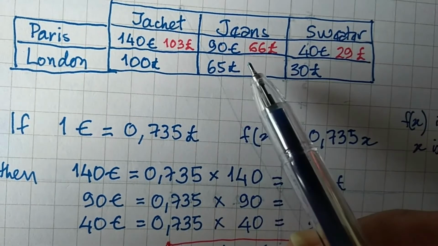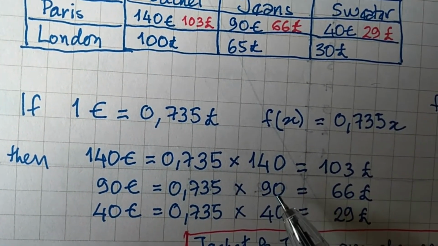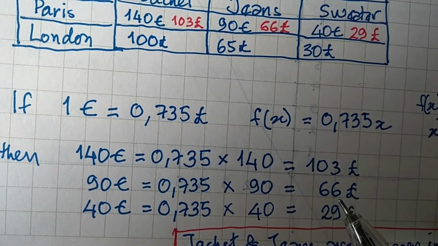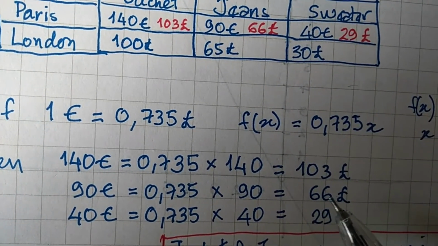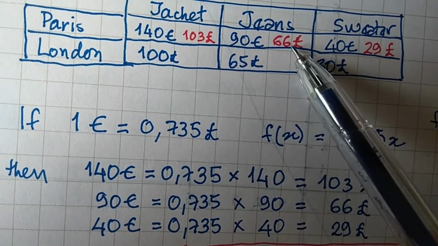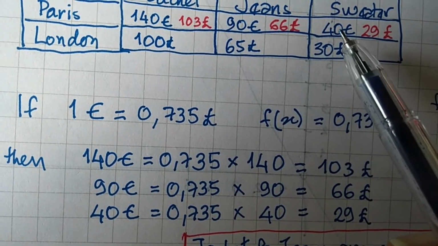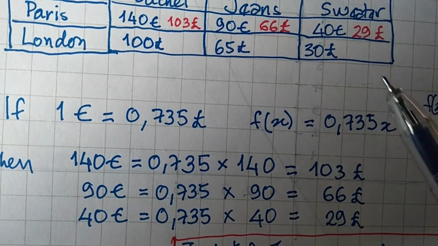Similarly, we take the 90 euros, we multiply it by 0.735 and we get 66 pounds. These numbers are rounded up or rounded down. They're not exactly 66 but almost 66. So I can write there 66 pounds. Similarly, 40 euros is equal to 29 pounds.